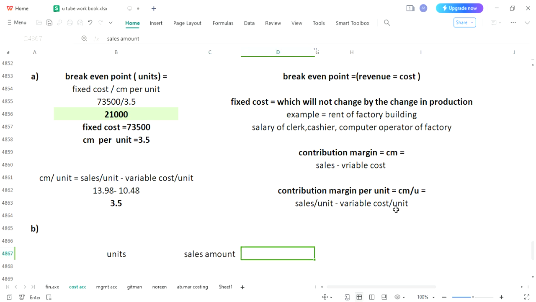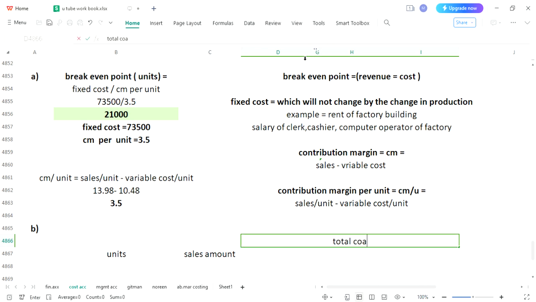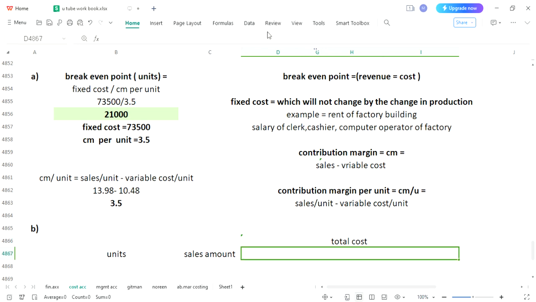Then you need to calculate your cost. This cost will have three different factors, and you will be related with all these three factors. Okay, total cost is needed, and here you will put all these three elements related to total cost.